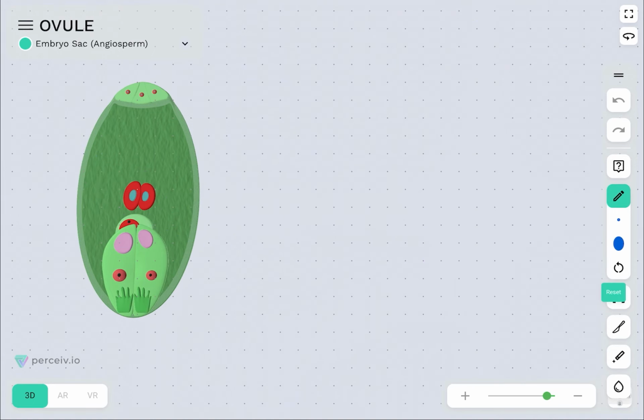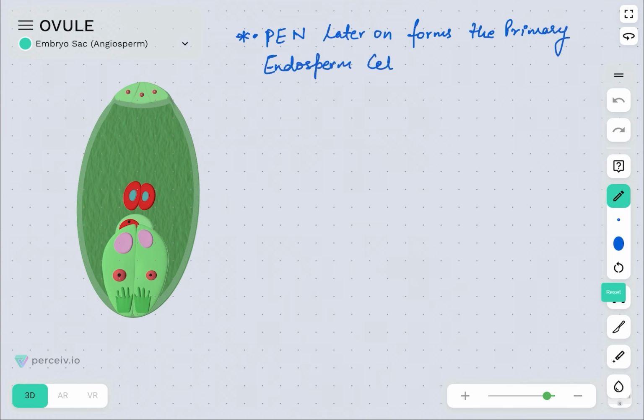As I already told you, this PEN, that means primary endosperm nucleus, is going to later on form the primary endosperm cell, which is triploid.